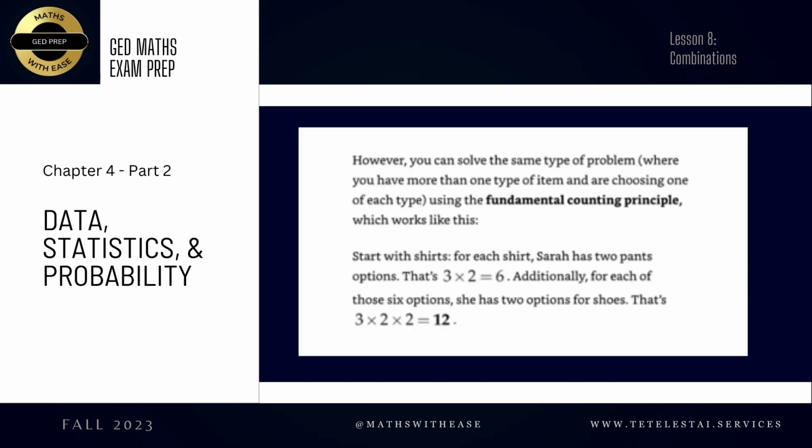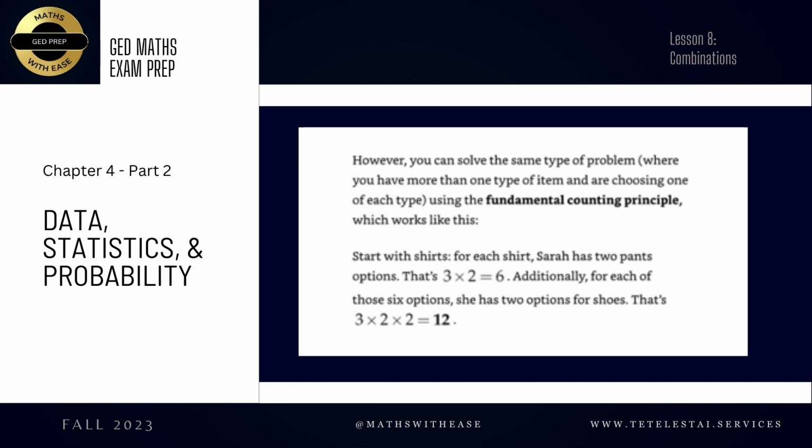This is just telling you that you can use the fundamental counting principle if you don't want to bother with the tree diagram. And here's how that works. You know that she has 2 pairs of pants and 3 shirts. So you would just multiply 3 by 2, for a total combination of 6, right?